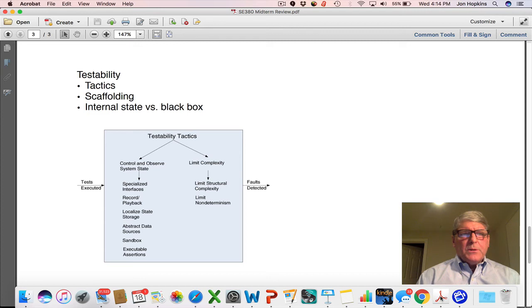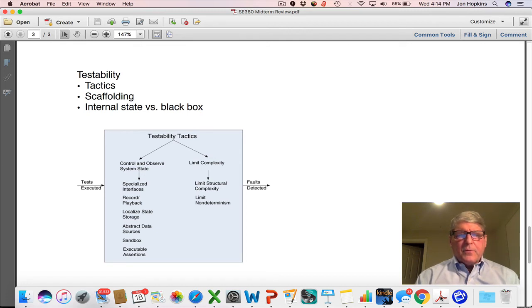Now, when it comes to testability, this is a big thing for our system, our TREF control system. And what we're trying to do, as we saw in the example, is for a test, to discover faults by running our tests and finding that the expected results were different from the actual results.